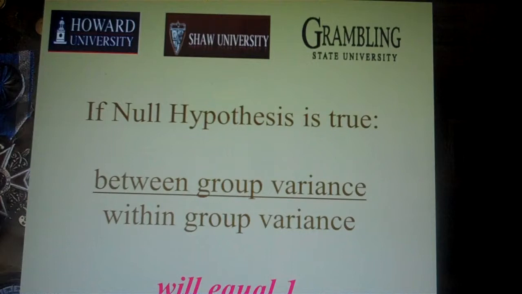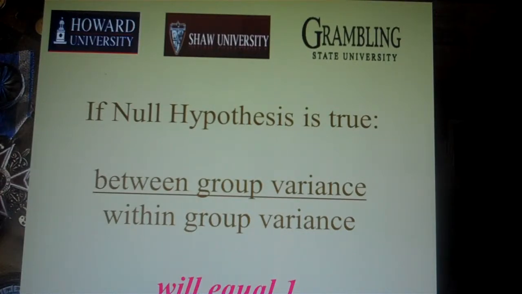So we're saying this: if the null is true, then students at Howard and Shaw and Grambling are similar to each other, but also similar across the three schools. So they are similar to one another, but also to students at the other schools. If that's true, then my ANOVA is going to be 1.